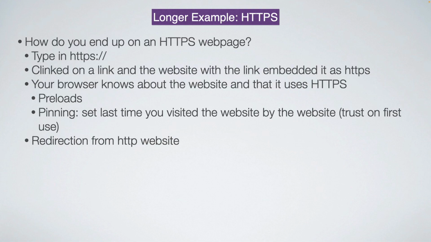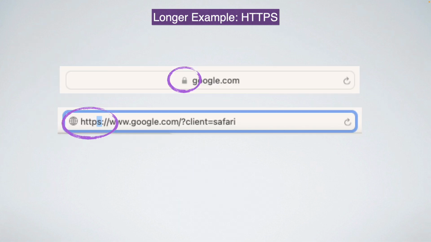Okay, how do you end up on an HTTPS website? So how do you get there in the first place? There's a couple different ways. The first is you could explicitly ask for it. So if you want to go to google.com and you take the time to type out HTTPS://google.com, then your browser will at least ask for the HTTPS version. Websites are free to implement it or not.